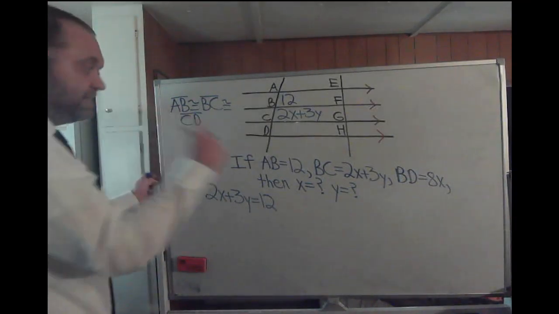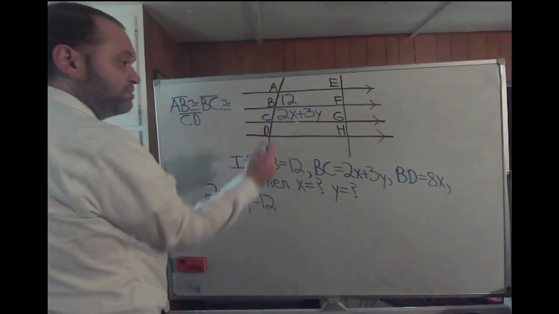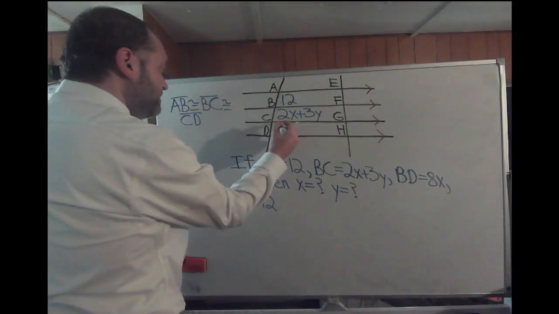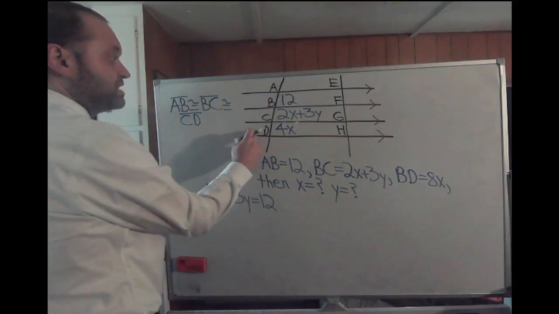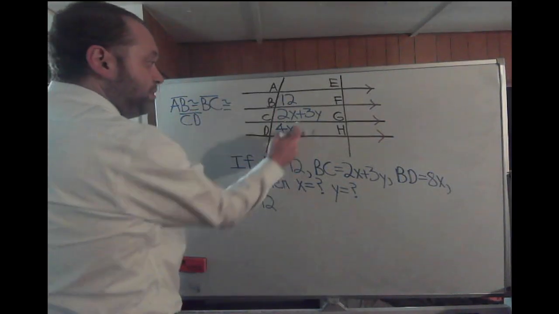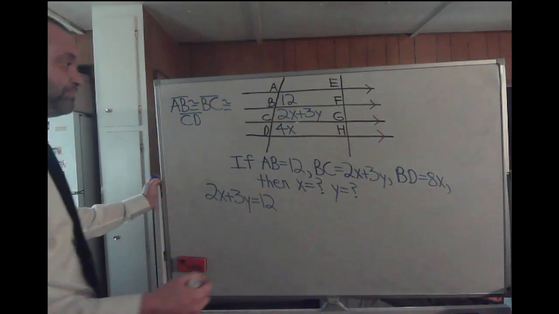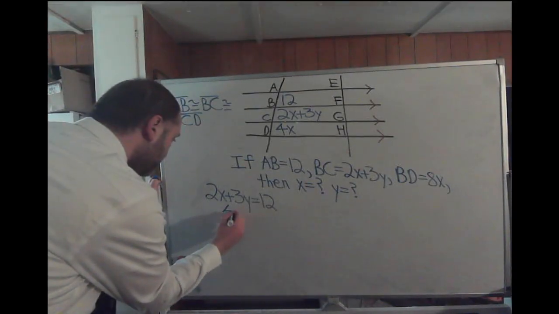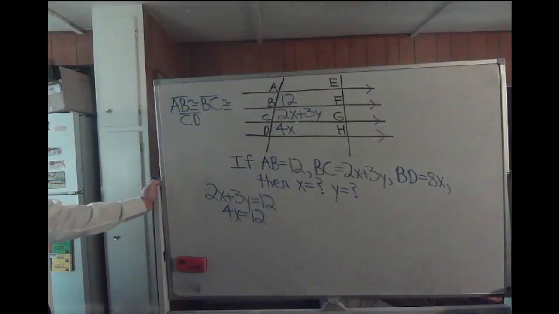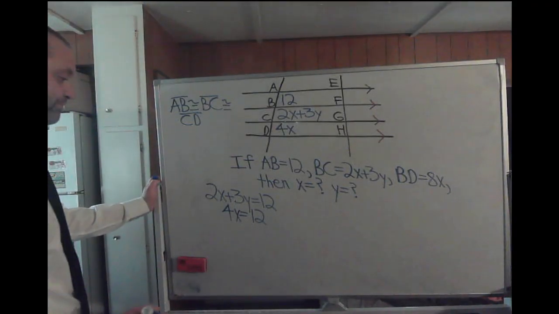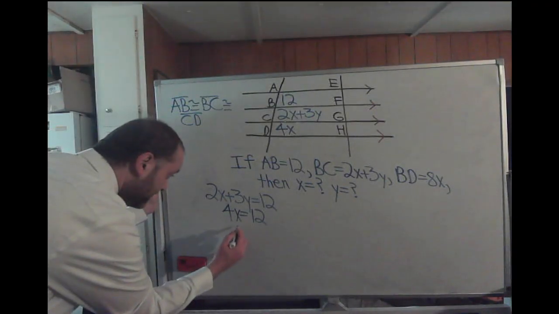So if BD is 8x, that would have to mean CD is half of that, which would give you 4x. If the whole BD is 8x, while CD is half of BD, that would have to give you 4x, wouldn't it? We can also use that 4x equals 12. Well, this turned out not to be such a big system after all, right? We just solve for x.